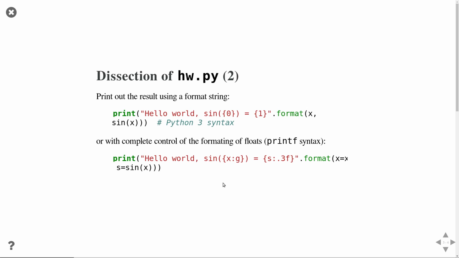If we want to control how exactly these numbers should be printed out, we can also specify that in these curly brackets, these placeholder brackets, using the printf syntax. Here, for example, with this .3f, we tell Python to print three digits after the decimal point. So you have a lot of flexibility on how you want to print out to screen.